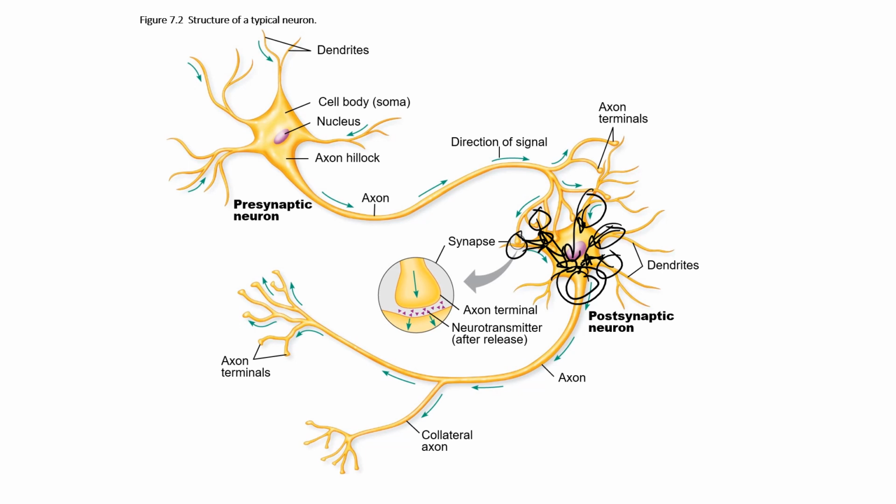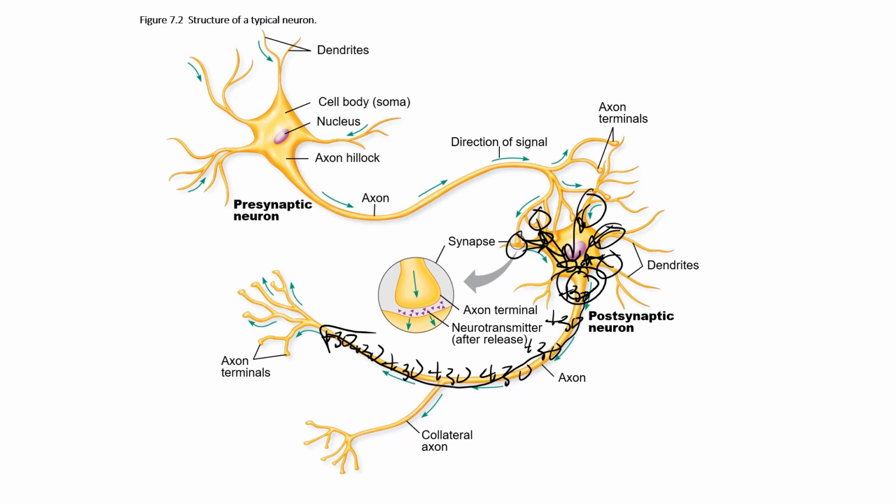Now, action potentials don't decrement, right? It's +30, +30, +30, right down the entire length of the axon. It never changes. It's +30 throughout the entire length of the axon. The signal doesn't decrement. And the reason the signal doesn't decrement is because voltage-gated sodium channels exist throughout the entire length of the axon.